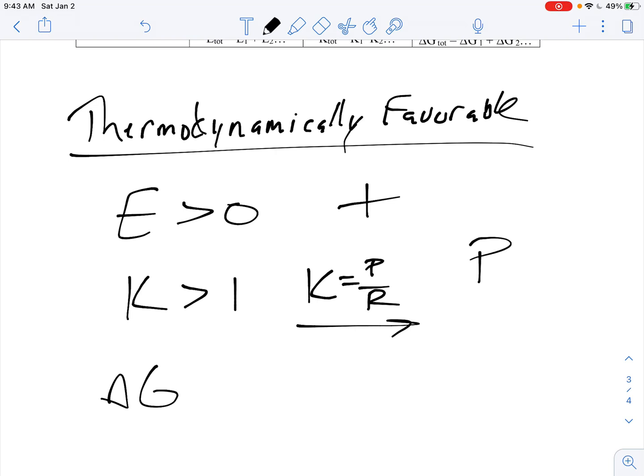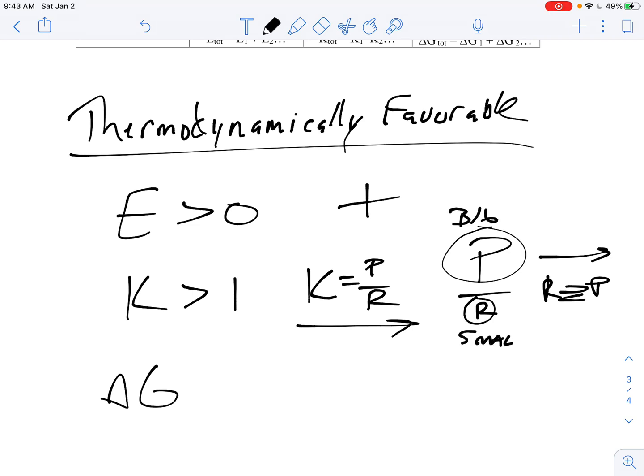And if we want the reaction to go to the right, which we usually do, then we are going to want a lot of products and very few reactants. We want it to go over to the right. We want big products and small reactants here. And so we want the K value to be greater than 1, all right?